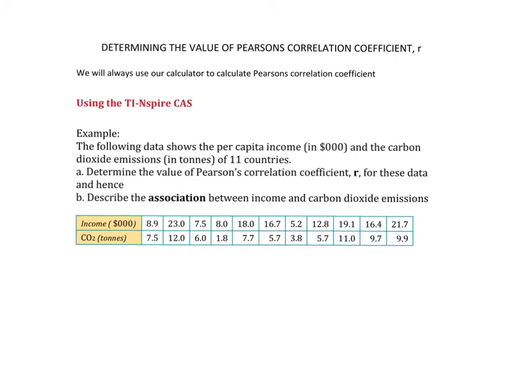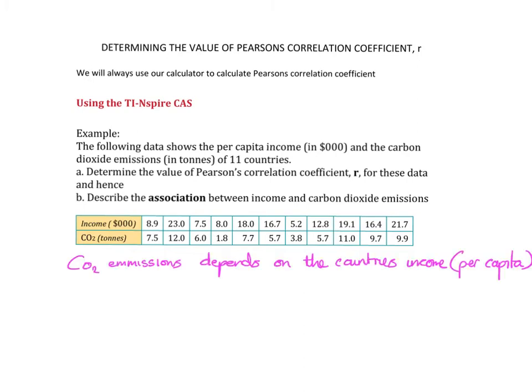So the CO2 level depends on the income of the country. If this is the case, CO2 depends, it is the response variable, and the country's income is the explanatory variable. It's really important that before we start looking at correlation coefficients or scatter plots, we always work out our response and explanatory variable.